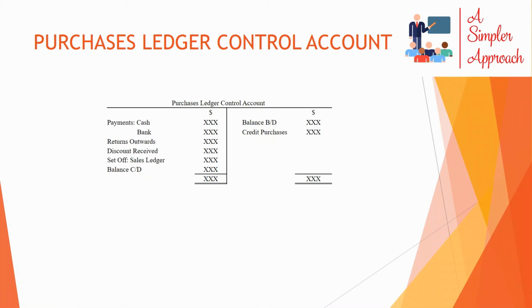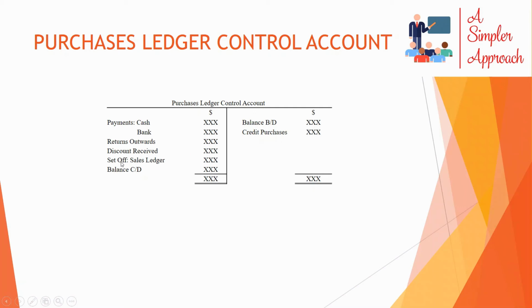And for those who don't remember, purchases is always debited. So if purchases is debited in the purchases account, naturally it must be credited in the creditor's account. And this is the sum total of creditors, which means purchases is credited.